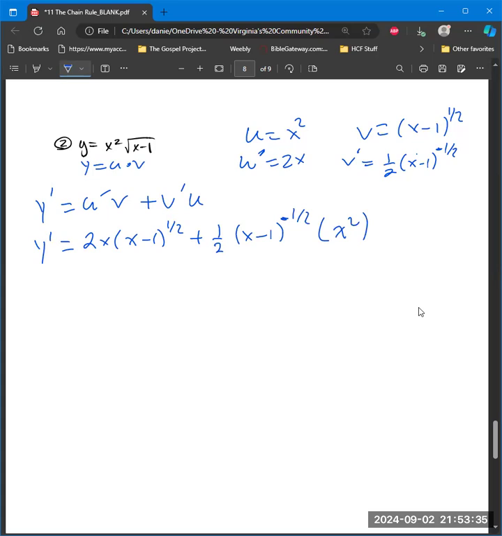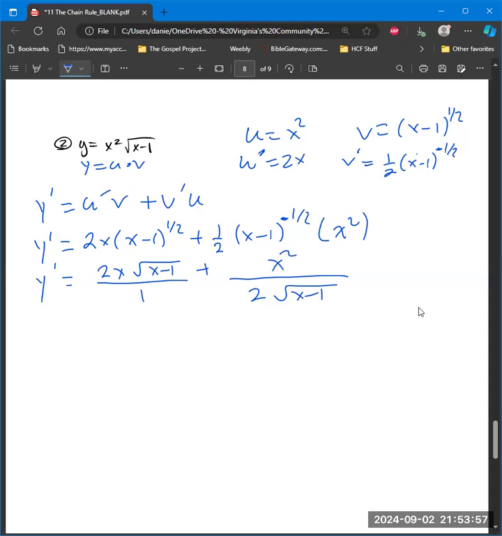It's going to give us y prime equals 2x square root of x minus 1 over 1, plus x squared over 2 square root of x minus 1.